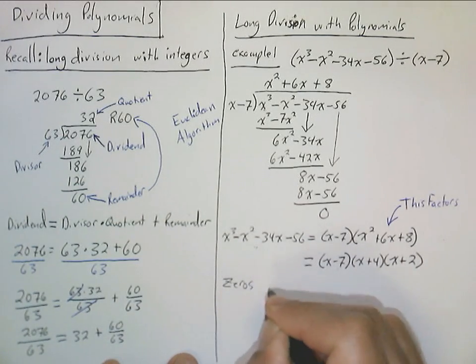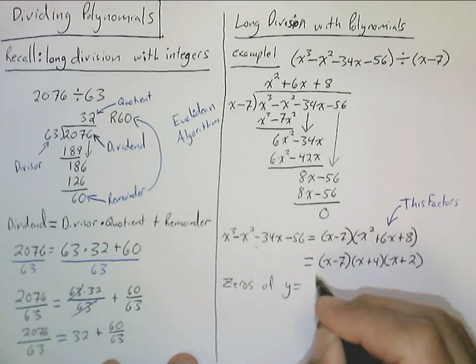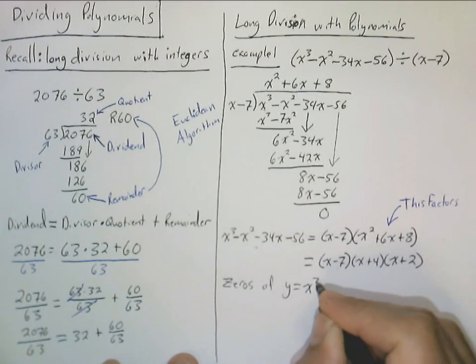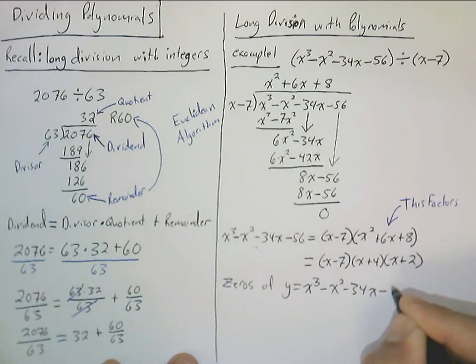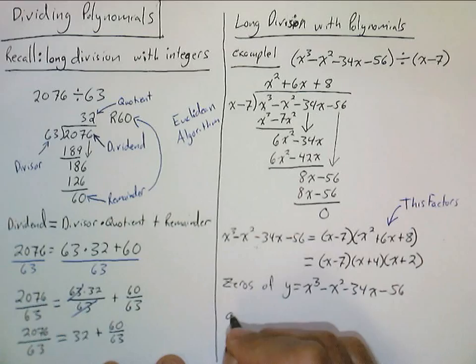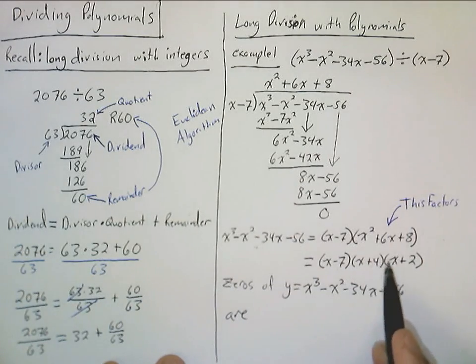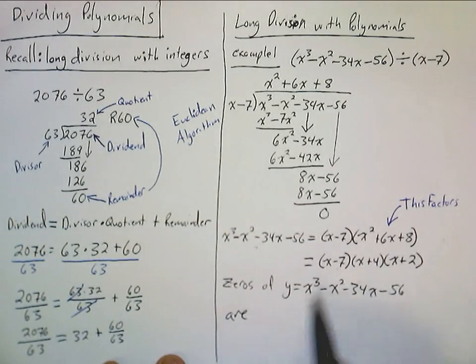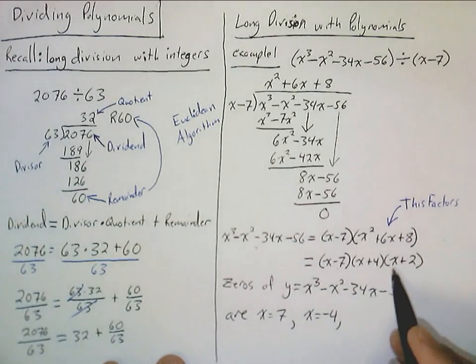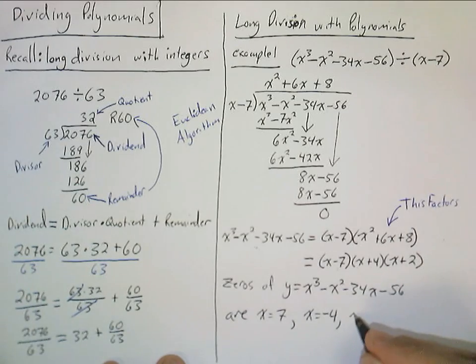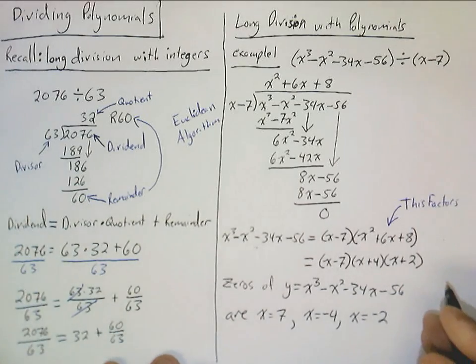So the zeros of y equals x cubed minus x squared minus 34x minus 56 are going to be the things that make each of these linear factors 0. So in order to make x minus 7 0, x needs to be 7. x plus 4 equals 0 means that x has to equal negative 4. And x plus 2 equaling 0 says that x has to equal negative 2.